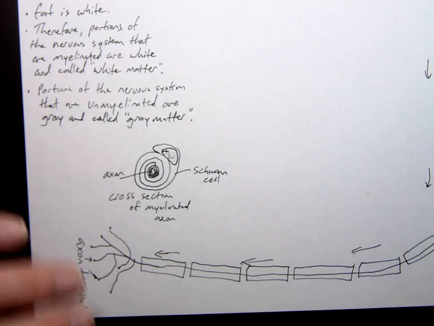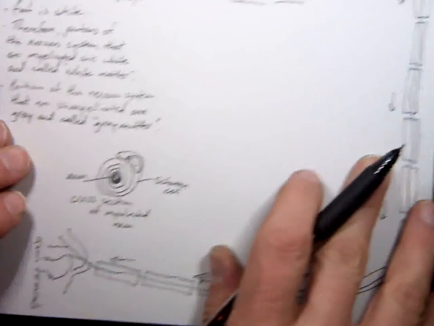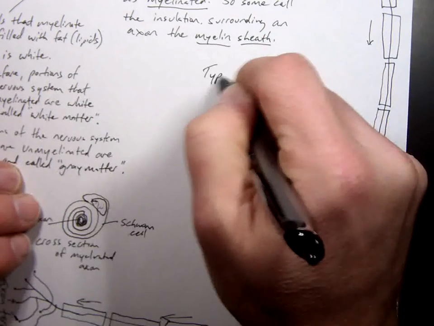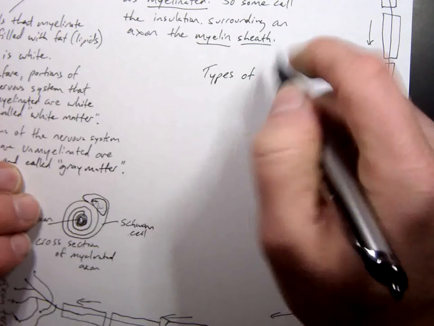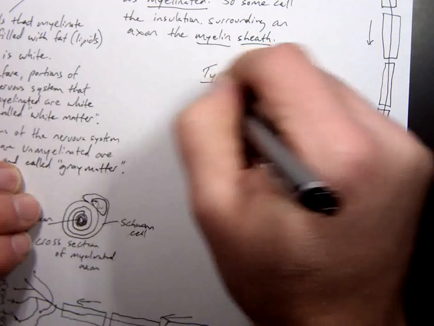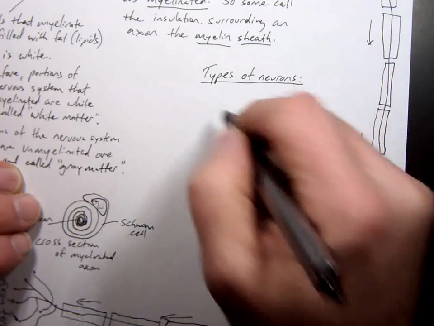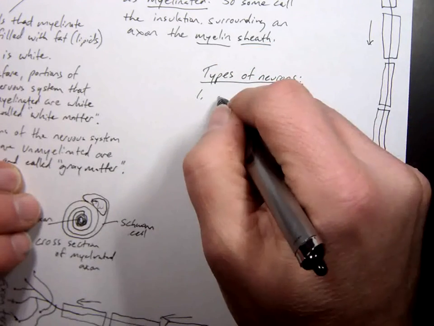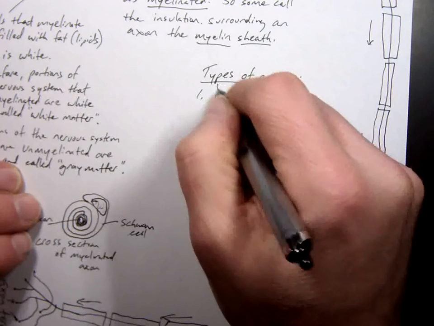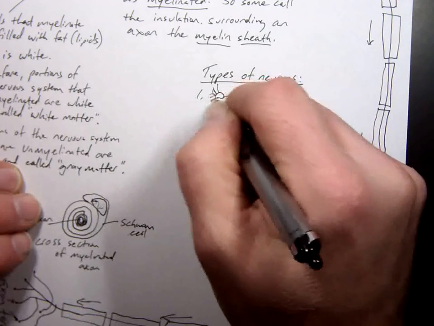Okay, let's finish out here. Types of neurons. Okay, first one is the one we've drawn here as our main flagship neuron with all that stuff. I've drawn the shortened version of it right here.